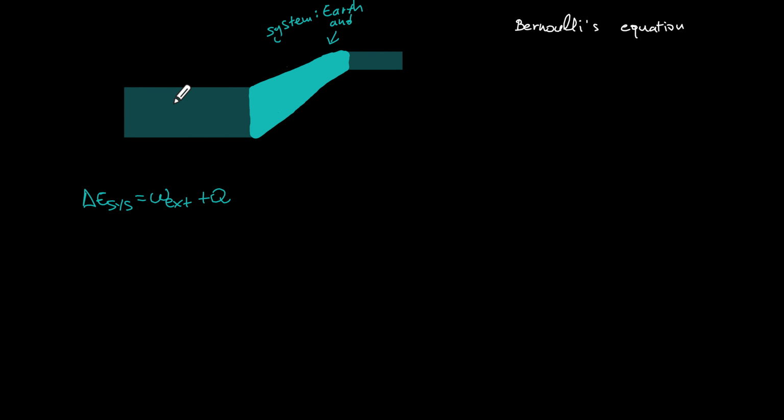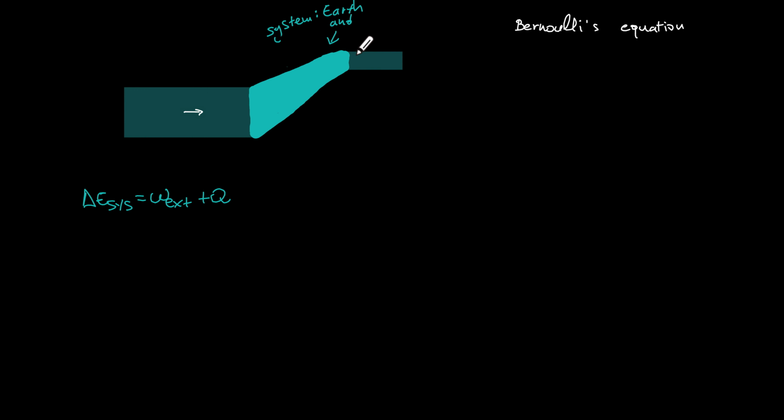Now, this is the fluid that I have here, and you can think that this is perhaps water. It is flowing in a pipe, and the pipe is changing heights. So here initially, let's say the flow goes this way. Initially, the fluid is flowing at a low height, and then it's going up, and then it's flowing at a greater height.